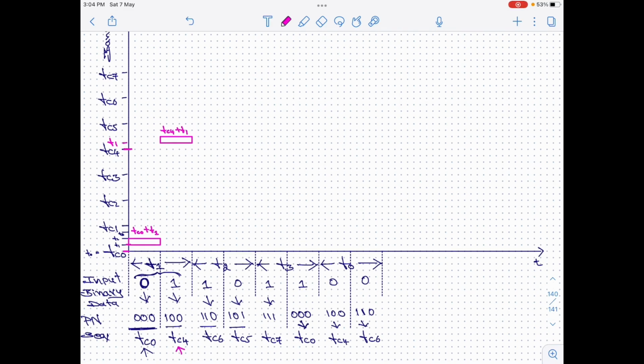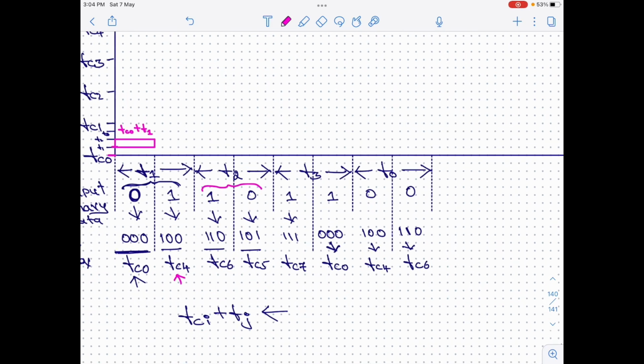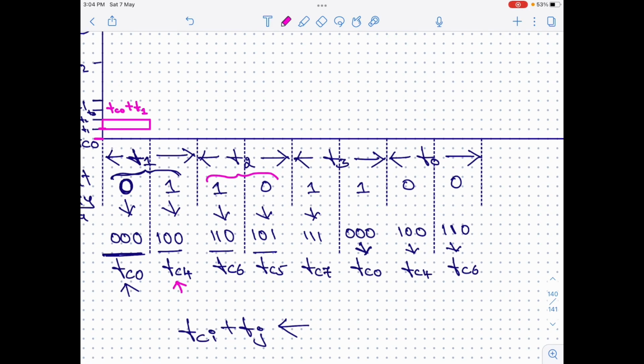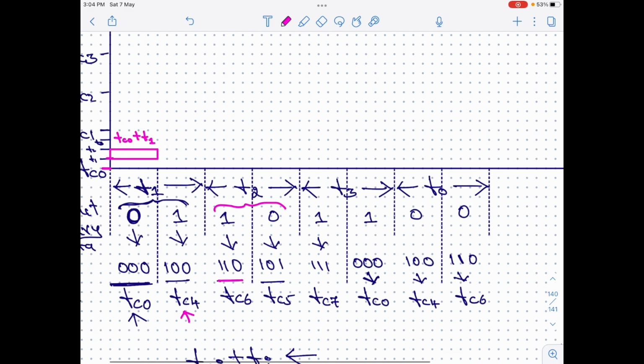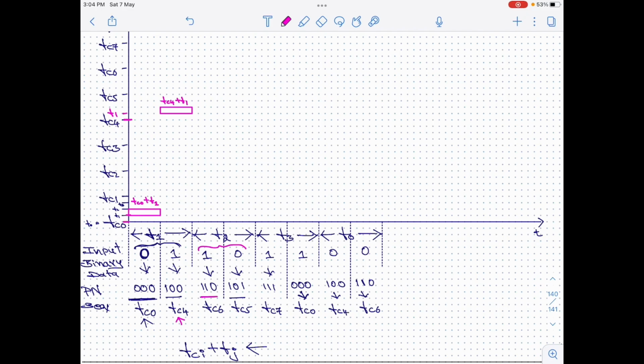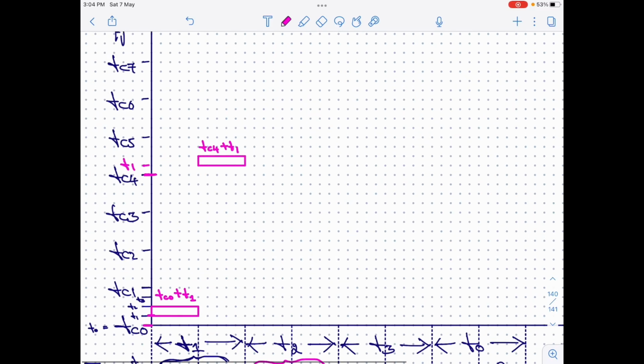Moving on to the next bit interval, we have a 1, but this 1 is associated with the MFSK tone 10. 10 represents F2. Similarly, when we come to the PN sequence segment, we have 110. 110 represents FC6. So, for the third bit interval, the transmitted carrier frequency is FC6 plus F2. Note that FC6 is here and F2 is here.